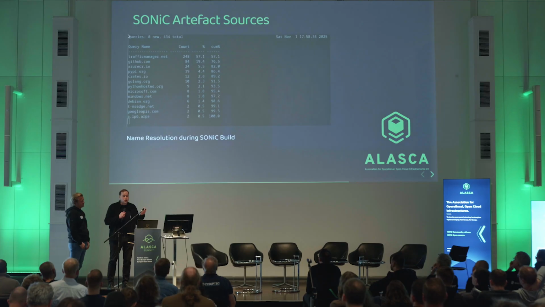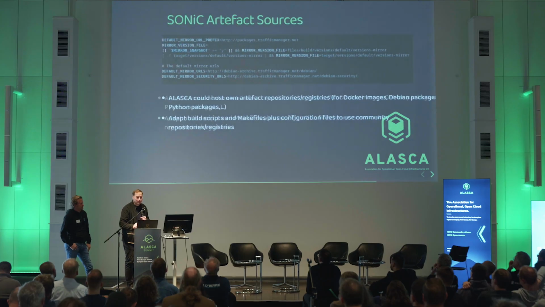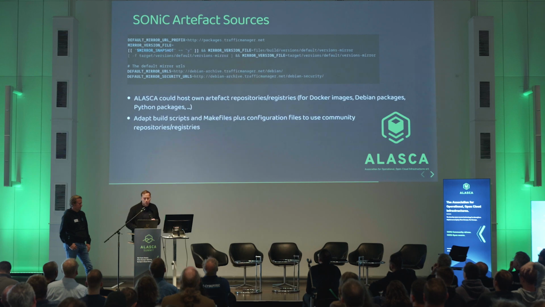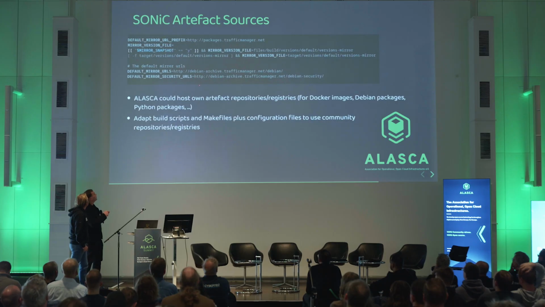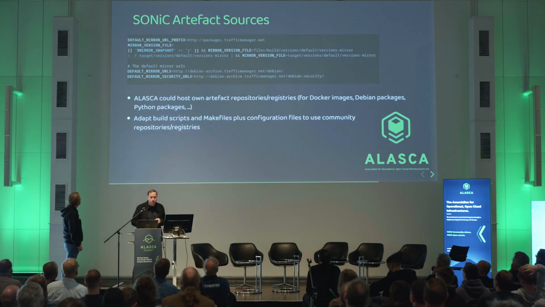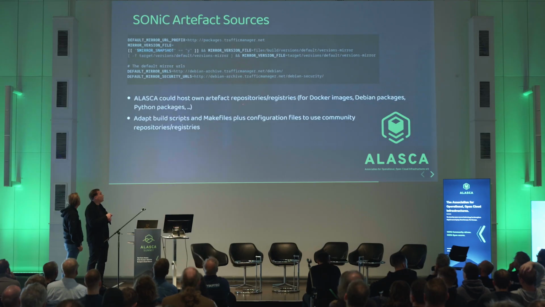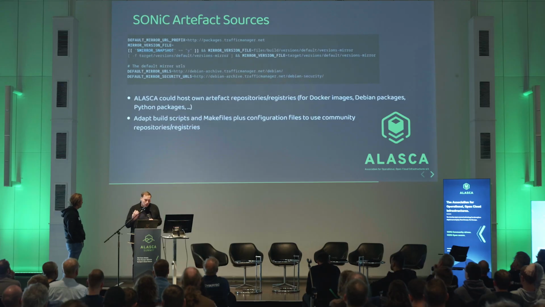However, I think we can definitely do better here in a community version, and should start by doing this better. We can check the current build scripts and build processes and replace stuff like this reference to trafficmanager.net, which is a domain operated by Microsoft with a complete system behind it, and just start to build up our own repositories and registries at Alaska, adding the necessary build artifacts like Docker images, Debian packages, and so on, and then operating the build from there.